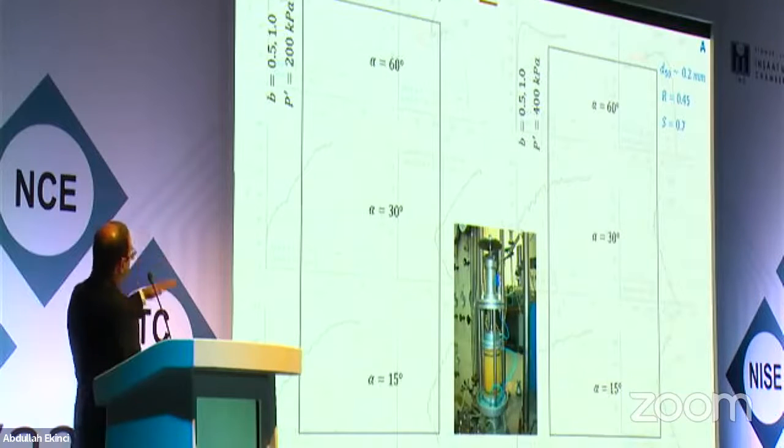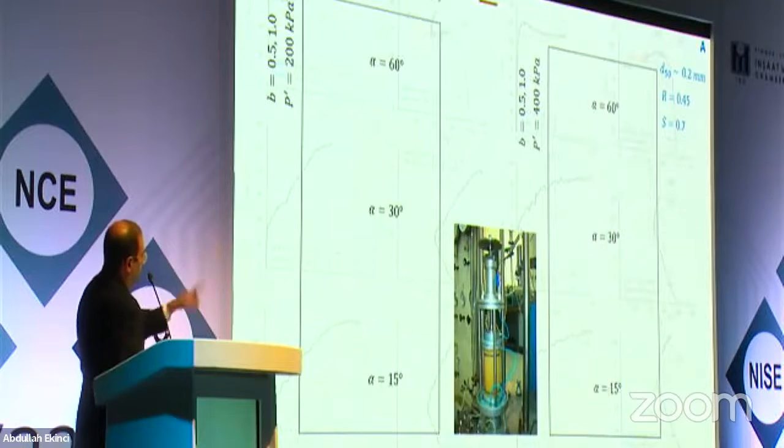On the left-hand side, you see diagrams associated with sand under 200 kPa principal stress, P dash, and then 400 kPa P dash on the right-hand side. B, the intermediate principal stress ratio, is either 0.5 or 1.